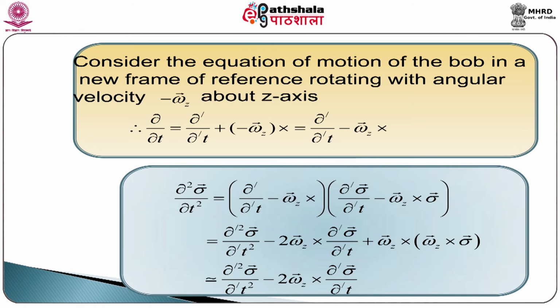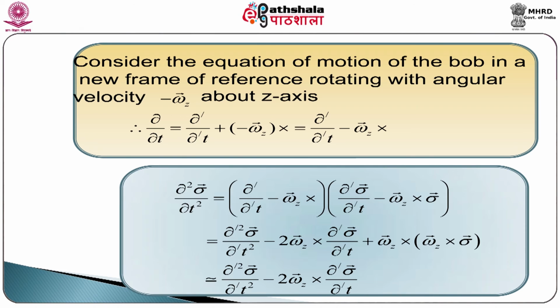Now, the second order partial derivative of sigma with respect to time t can be written in terms of new operator, which is ∂'/∂t minus omega vector z cross operated on ∂'σ vector/∂'t minus omega vector z cross sigma vector.